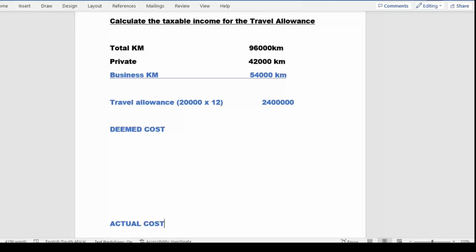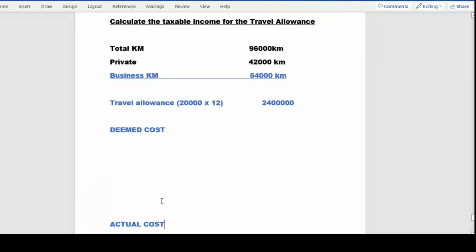Okay. So this is what is going to happen. You're going to take all these columns, fixed cost, fuel cost and maintenance cost, under the deemed cost. But please pay attention.